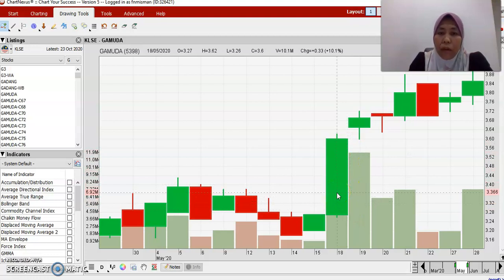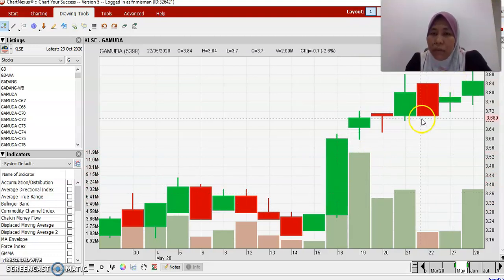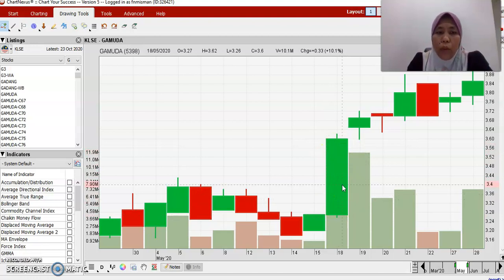Let me explain a few types of candles available here. As you can see, we have a very firm, solid body of candle, and sometimes we can have a very small body of candle.